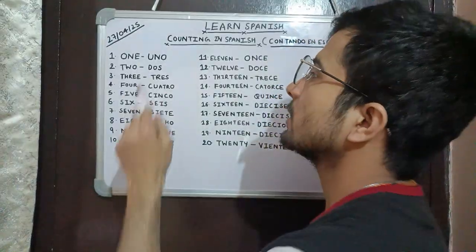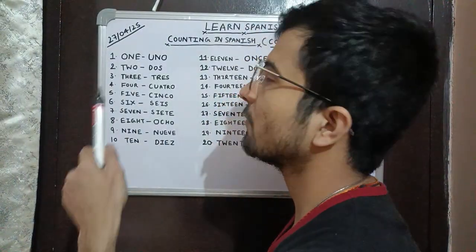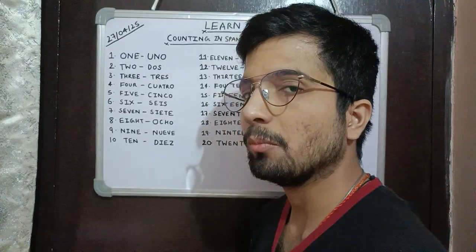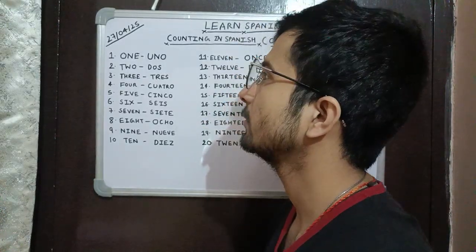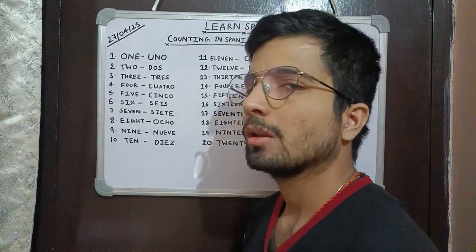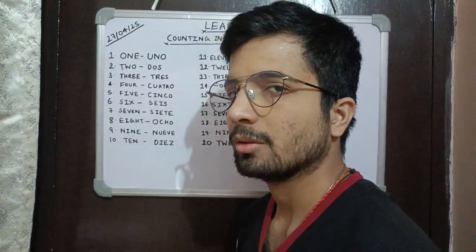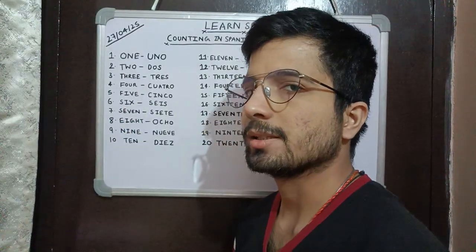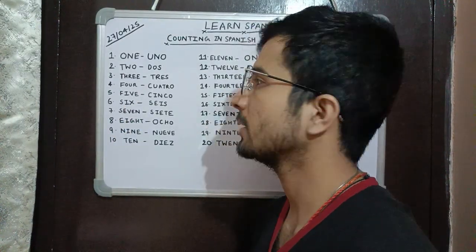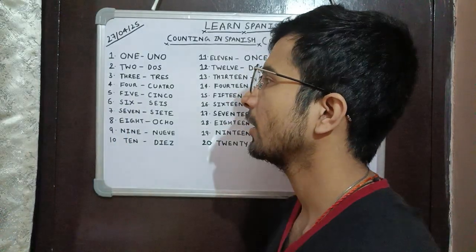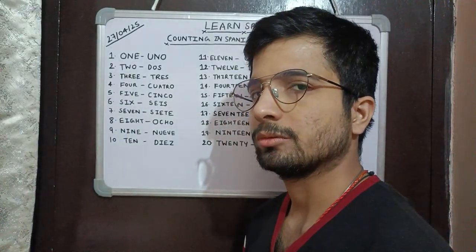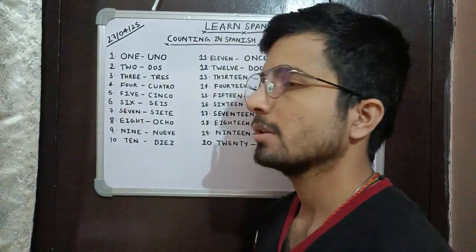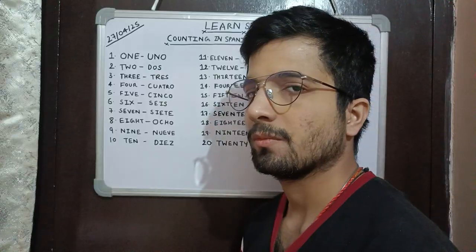First one, 1. What do we say 1 in Spanish? Uno. Repeat with me. Uno. Two, dos. Three, tres. Four, cuatro. Five, cinco.